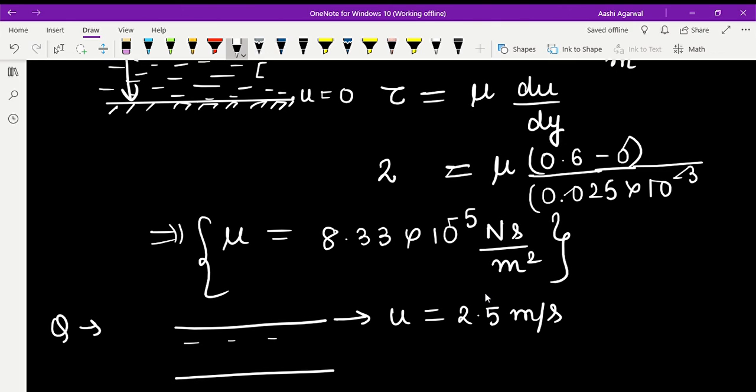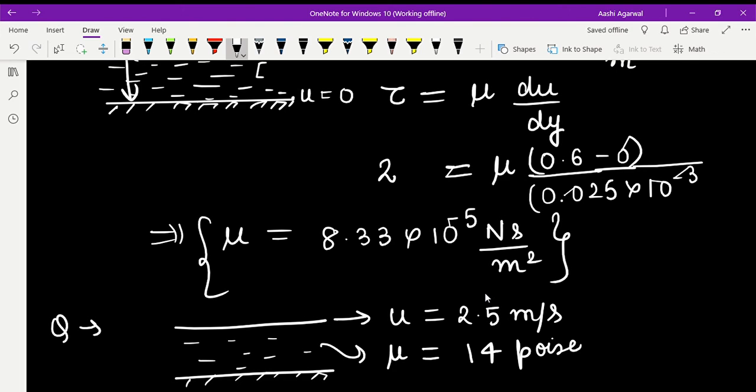There is a liquid between these two plates and the viscosity of this liquid is given to you as 14 poise. So one of the plates is fixed, the other plate is moving with this much velocity.